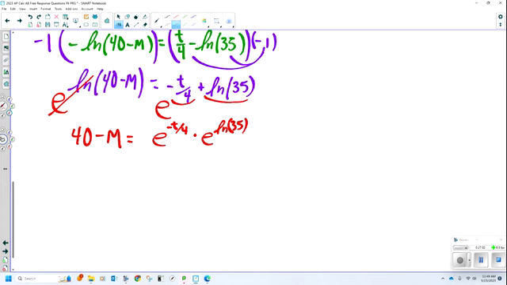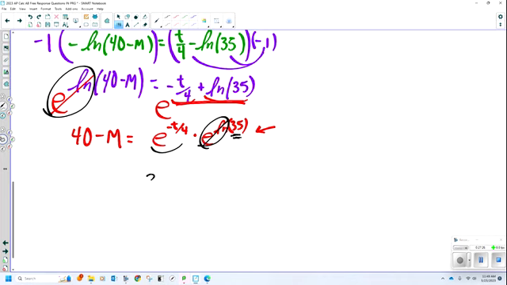If I were to multiply those together, I would still keep my base e, and I would add the exponents like I did in the previous step, okay? See, I added the exponents together. How did that happen? Well, I had to multiply common bases to add exponents. All right, and now the right side is even easier because e and ln cancel. Just like we cancel them right here, we still cancel them right here. So I end up with taking this times 35.